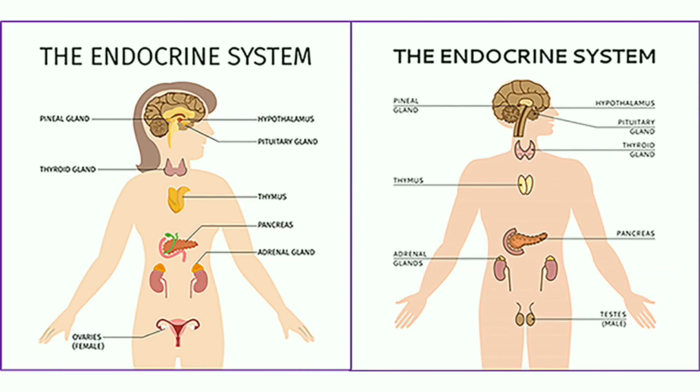The gonads also produce different hormones. This diagram is very important regarding the positions of each and every gland, and you students have to practice it so that you can easily remember these positions.